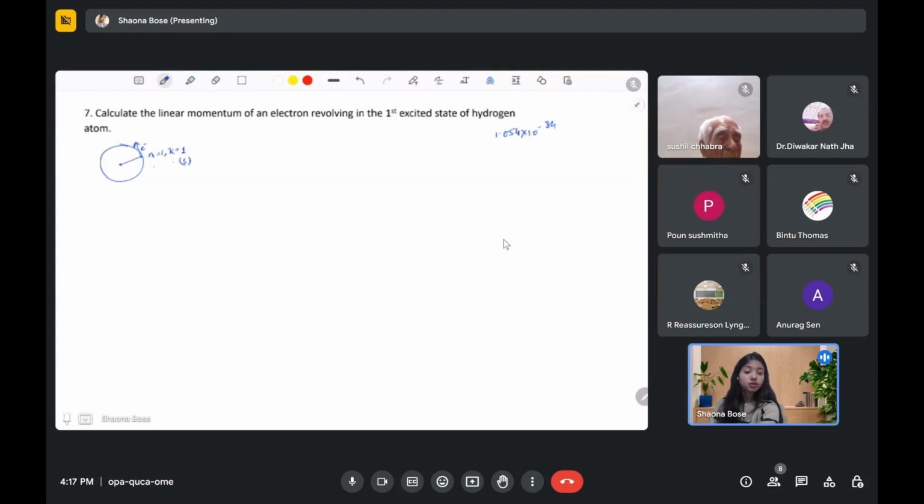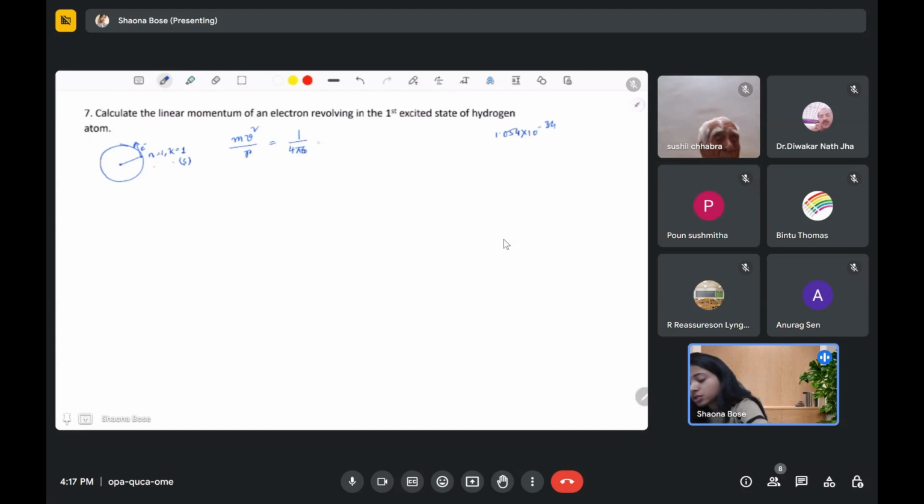Okay, so this electron is facing a centripetal force inside, right? So let us equate that. mv square by r is equal to the electric force.